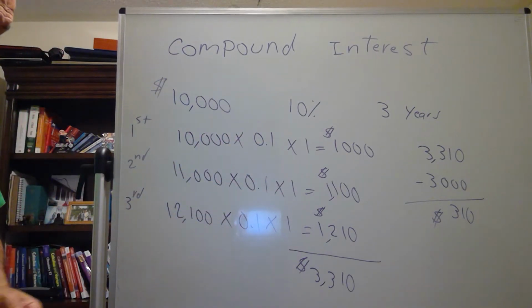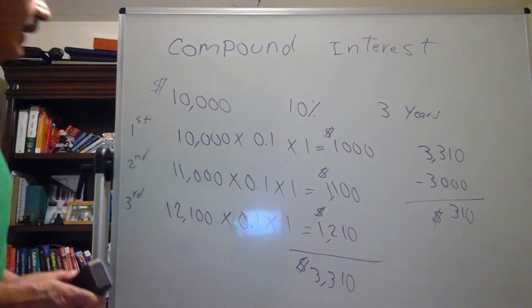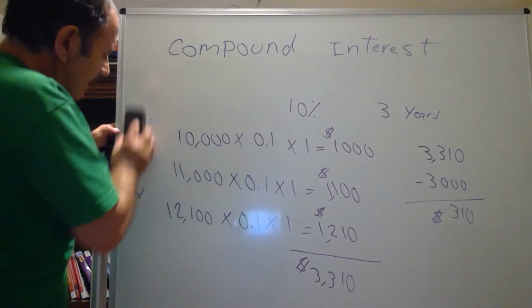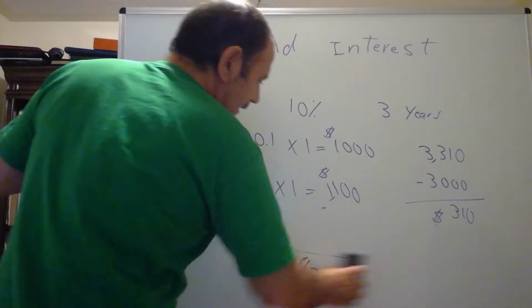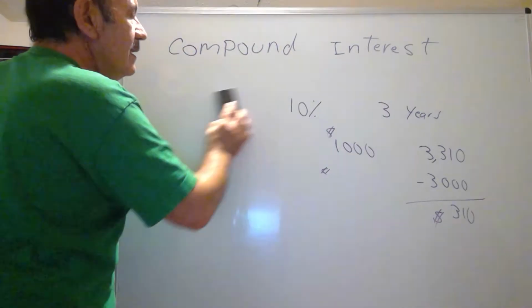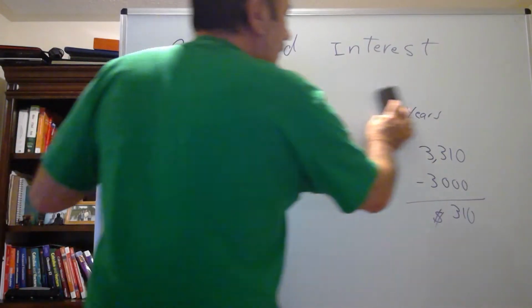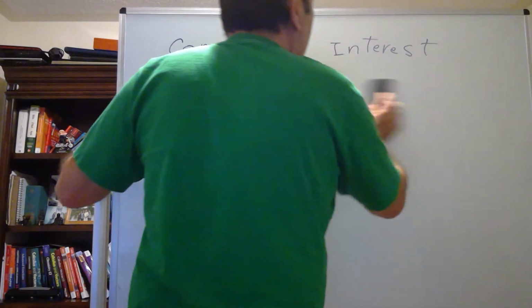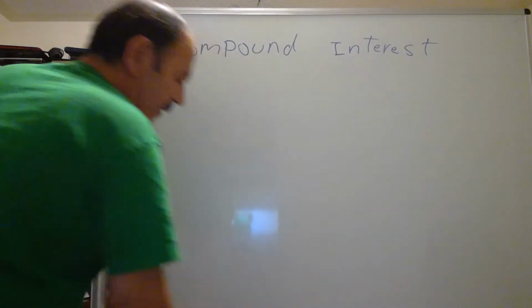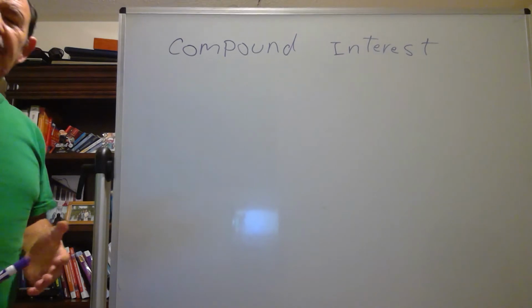We have another formula. We have two ways to calculate compound interest. One method is using the payment table.